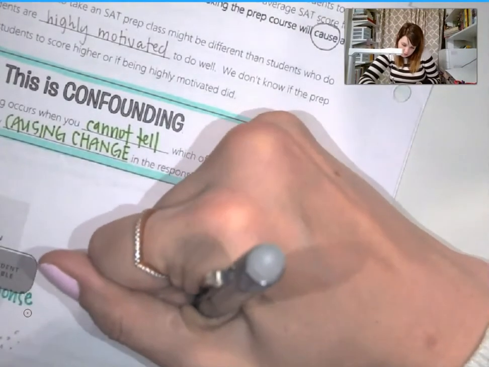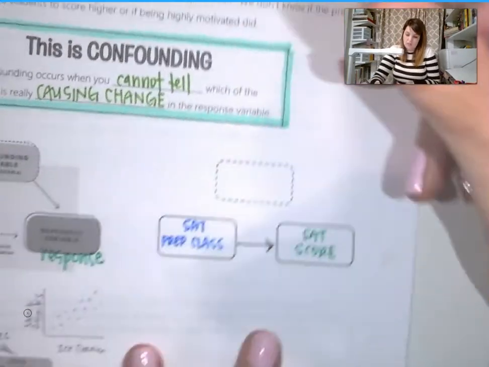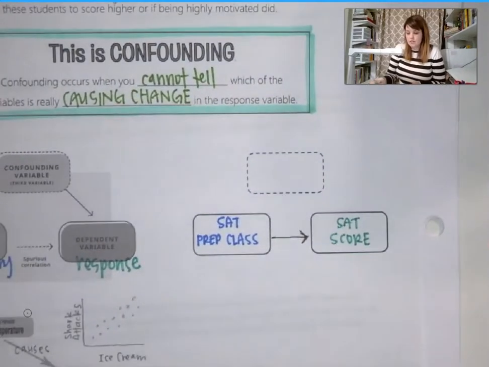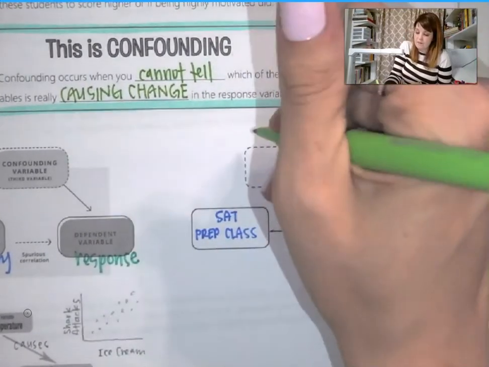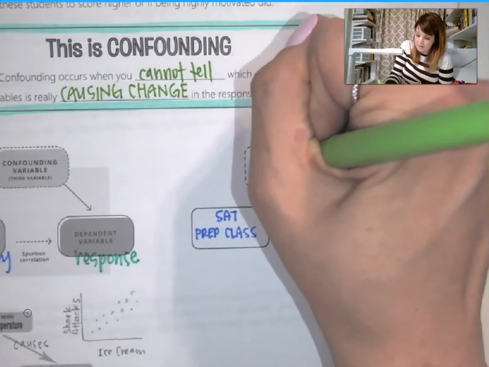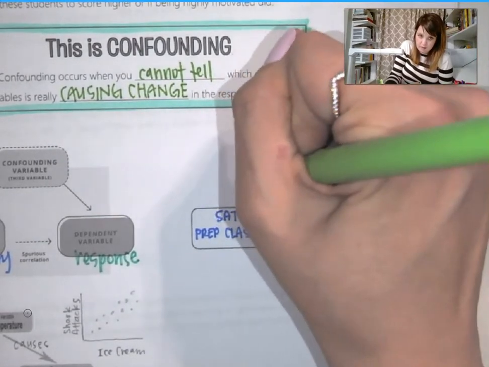So the question is, can we show causation? And the answer is no, because we have this other variable up here that's confounding, and we're calling that variable highly motivated.